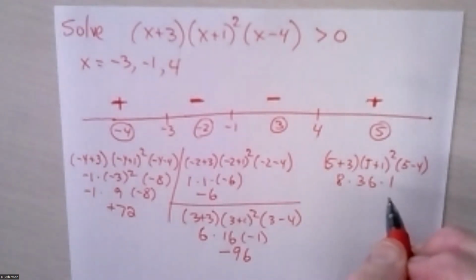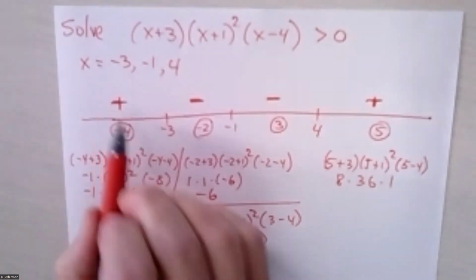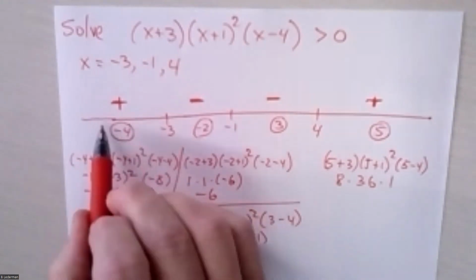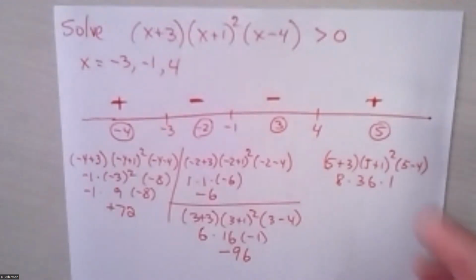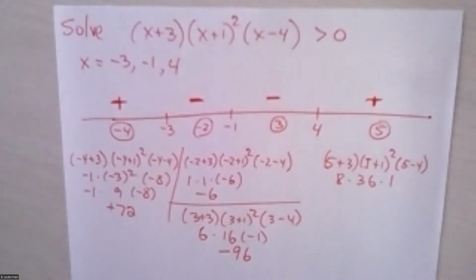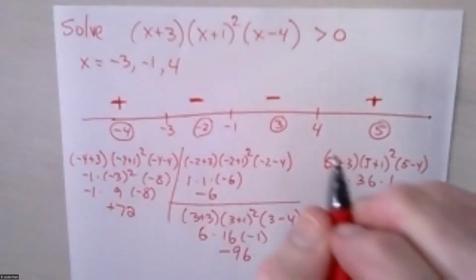So therefore, I see that this function is positive when x is less than -3, and it's also positive now if I want to put the solution, there are different ways you can write the solution. One way to write it is in interval notation.